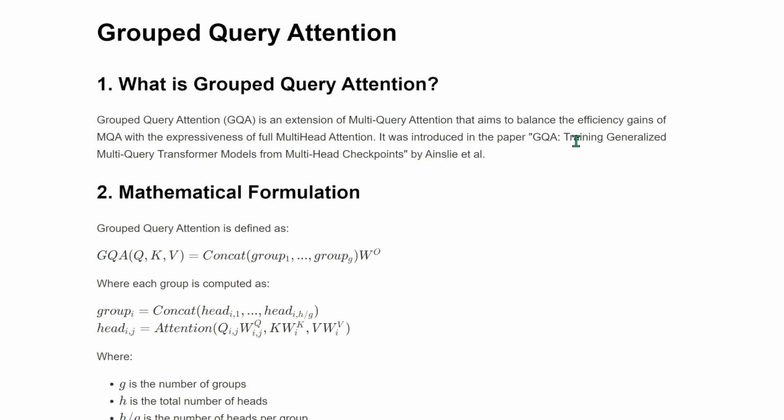So what the method said was, I'll try to balance between multi-query and multi-head. I'll try to get the efficiency of memory and speed of multi-query, and I'll also not compromise on the performance. Still, there will be a performance compromise. Let's say if there is an accuracy drop of 3% with multi-query, it will be just 0.5% with group query.